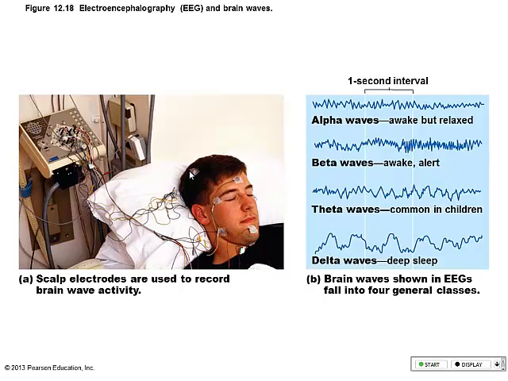So we see alpha waves, which are awake but relaxed. Guess when your learning and memory is most effective? When you have the majority of your waves being what? Alpha. When you stress out, learning and memory have a hard time happening.